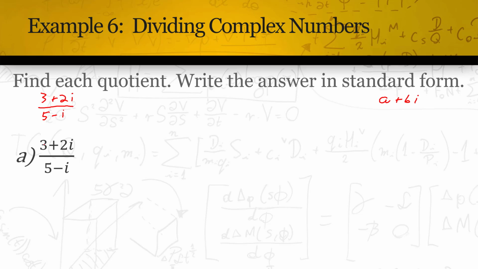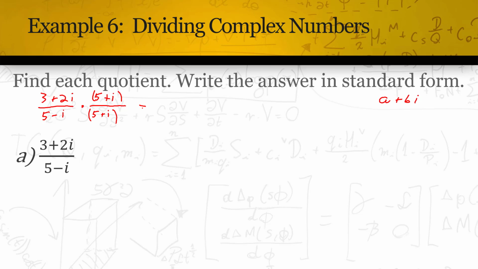Well, to do that, we need to get rid of this complex thing in the bottom. How do we get rid of that complex thing in the bottom? We multiply this by 1, where the numerator is the complex conjugate of 5 minus i, which will be 5 plus i, and the denominator is also the complex conjugate of 5 minus i, which is 5 plus i.